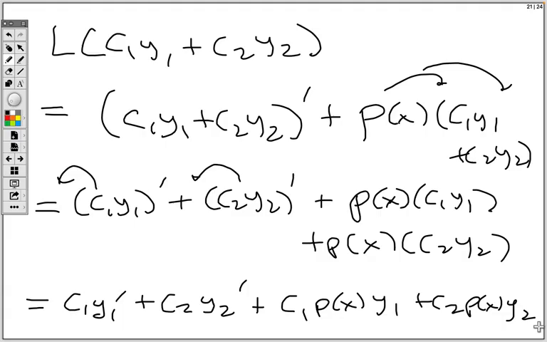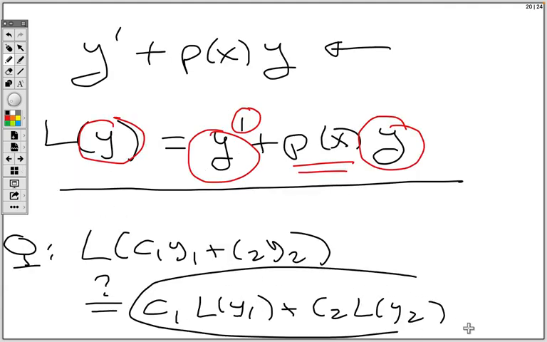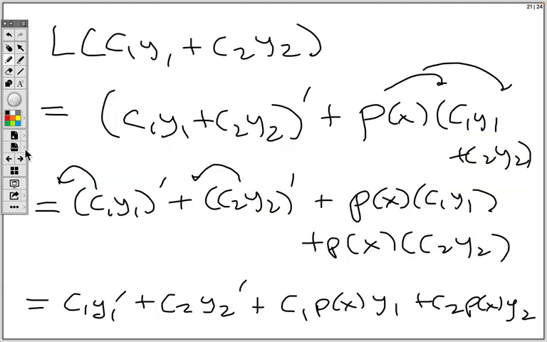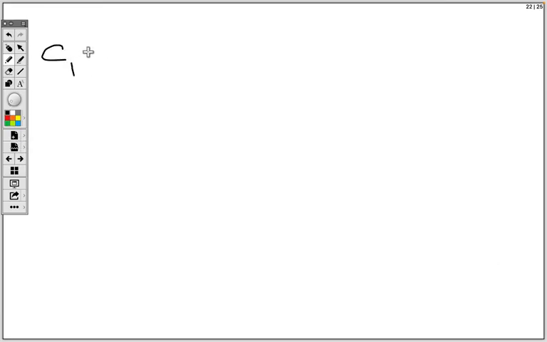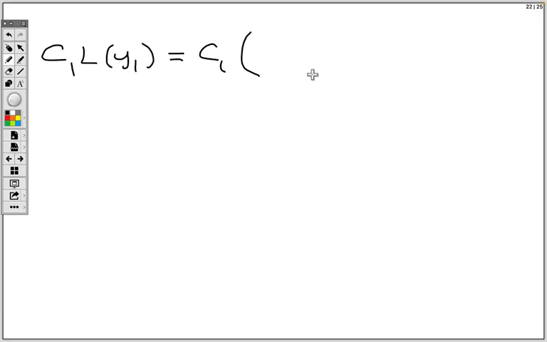Now let's compare that to this expression. If I looked at c1 L of y1, that would be c1 times plugging y1 into here, y1 prime plus p of x y1.